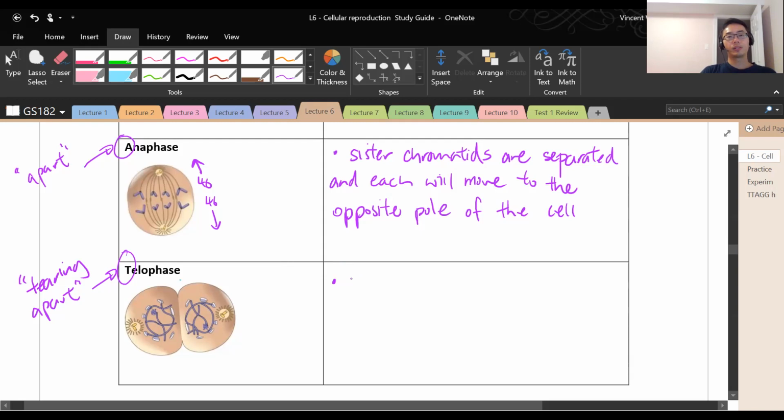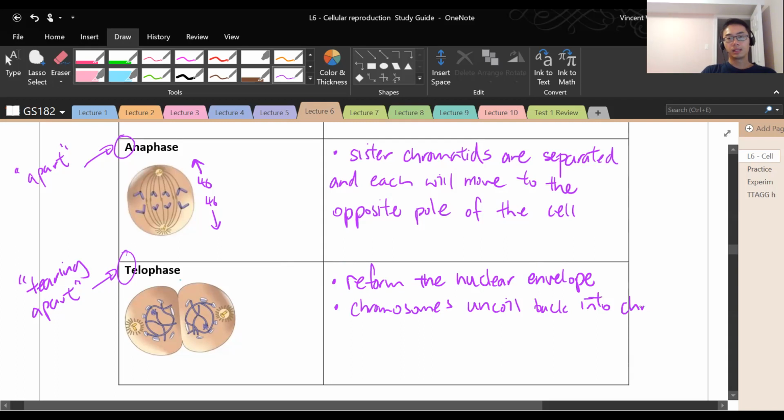So over here, you will reform the nuclear envelope. The chromosomes uncoil back into chromatin. Spindle fibers disappear.